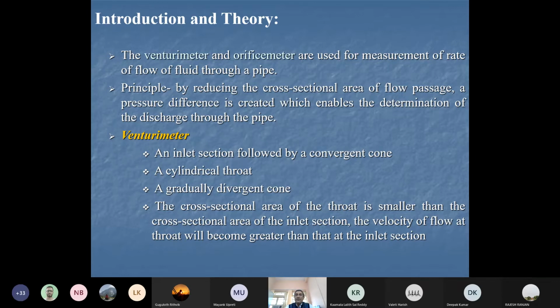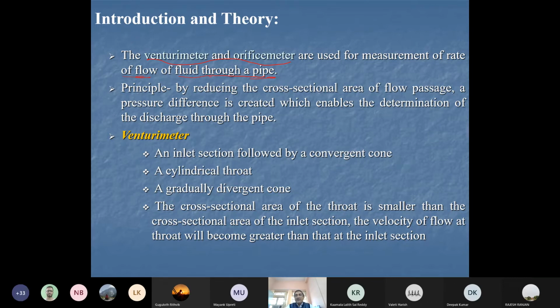These two fittings in a pipe flow system, the orificemeter and the venturimeter, are used to measure the rate of flow, that is basically discharge per unit time, of the fluid flowing in the pipe.